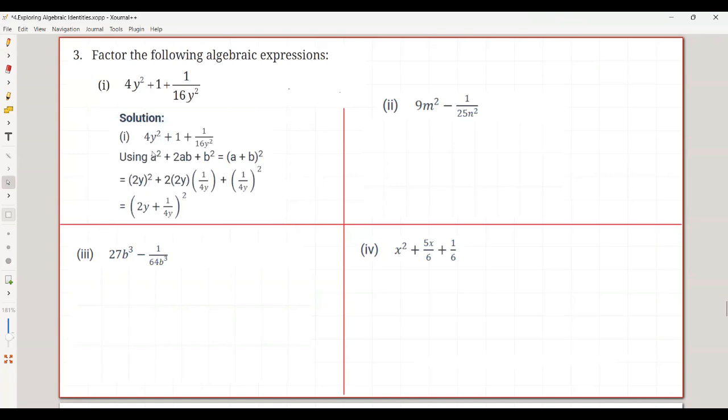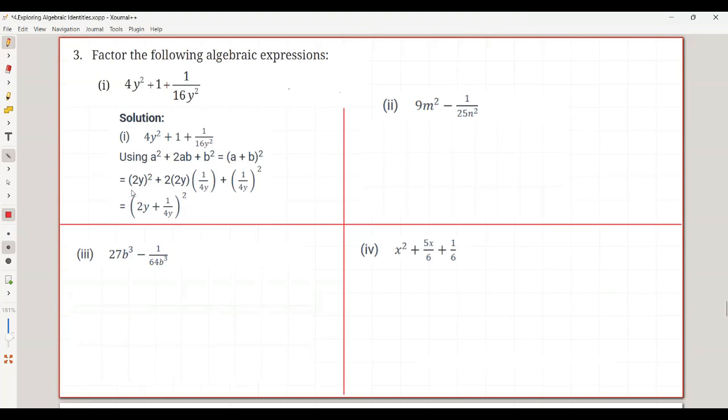Now this is in the form of a square plus 2ab plus b square. The formula is a plus b the whole square. From this I have to identify what is a and what is b. In the place of a, this can be written as 2y the whole square, and in the place of b we have 1 by 4y the whole square.